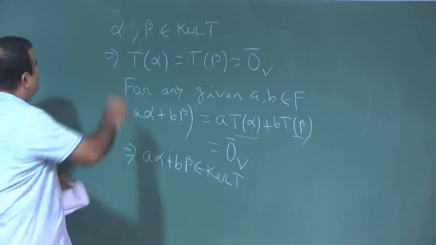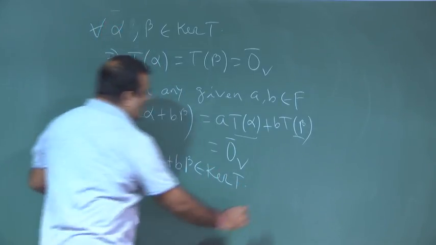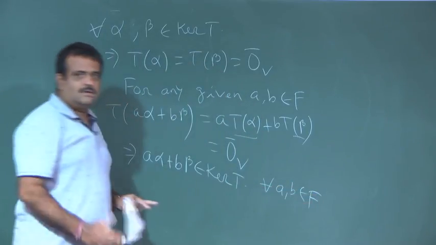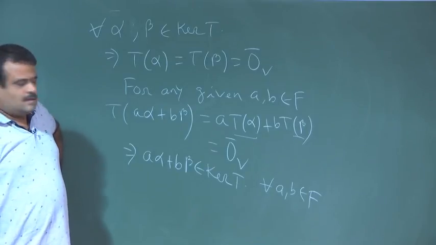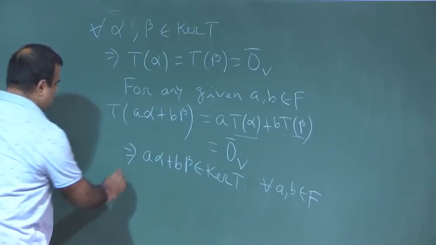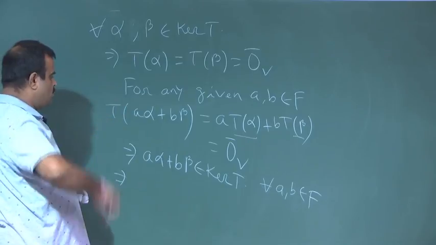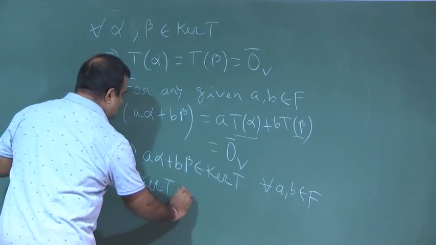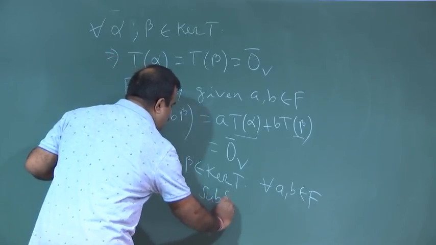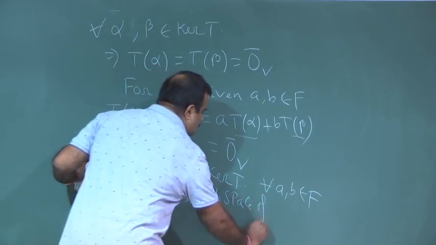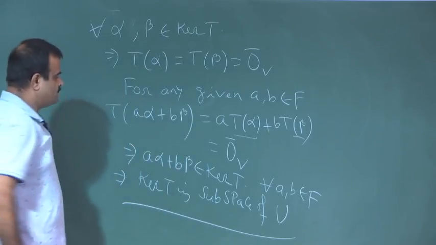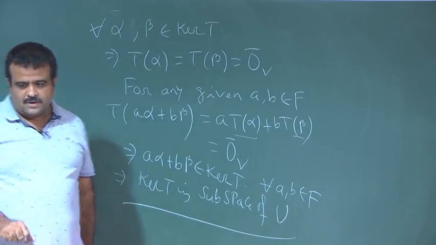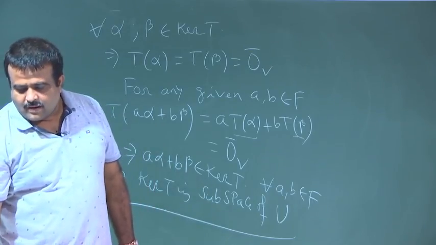This is true for all alpha, beta, and this is true for all a, b from the field. So, this implies by the theorem which we have proved in the vector space class that the kernel of T is a subspace of U. Okay.